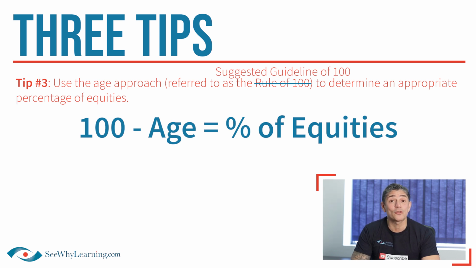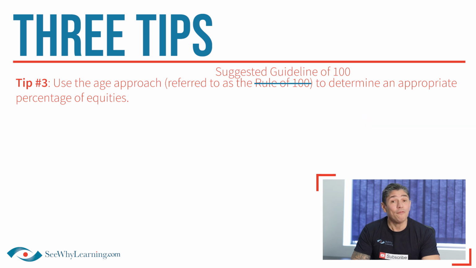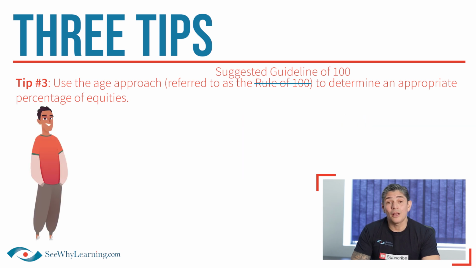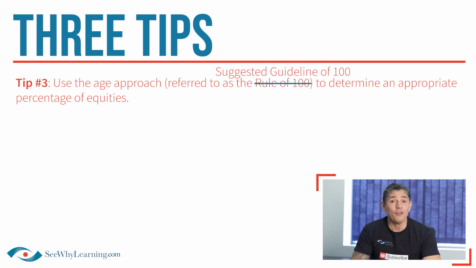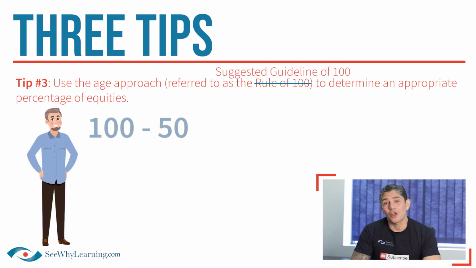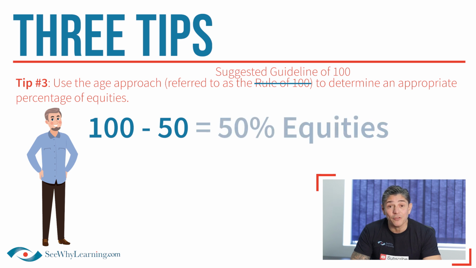A few examples will clarify. If the investor is 20, the guideline of 100 would suggest 80% equities. 100 minus 20 equals 80. And this makes sense. A long time horizon means the young investor could likely assume more risk. What if the investor is 50? Well, the guideline of 100 would suggest 50% equities. 100 minus 50 equals 50.